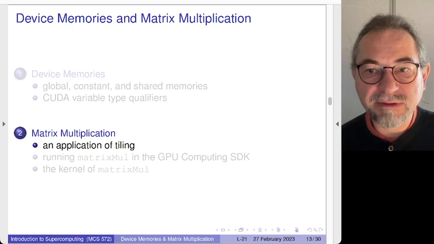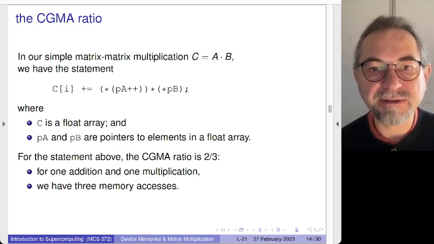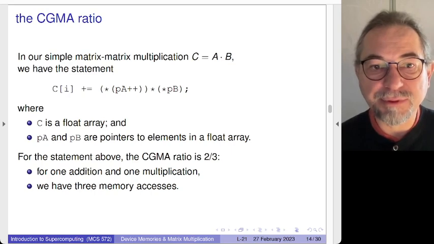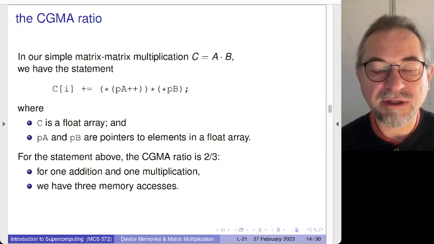Okay, so let us now illustrate this with our running application, the matrix multiplication. Before, we had a very simple C implementation where we were computing the inner products via this statement in a loop.